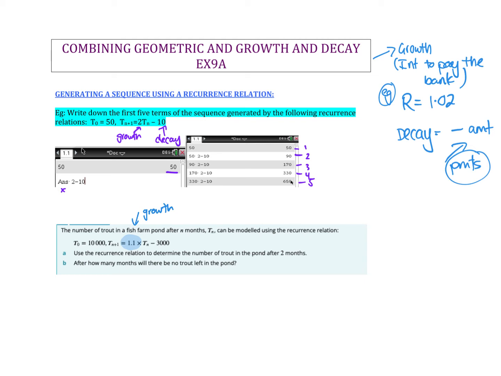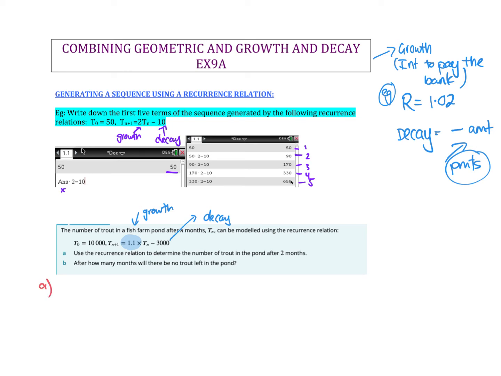But then, it's a trout farm, so people come and fish or take them away. So here's the decay, people fishing, taking them out, or dying or whatever. So that's the decay part. Use the recurrence relation to determine the number of trout in the pond after 2 months. We can simply do that in our calculator. I'll pause it and we'll do it.